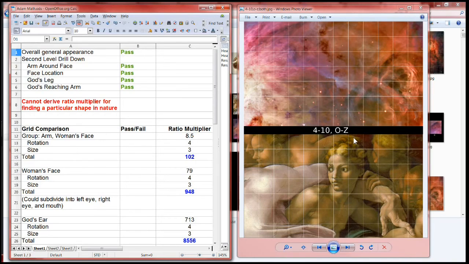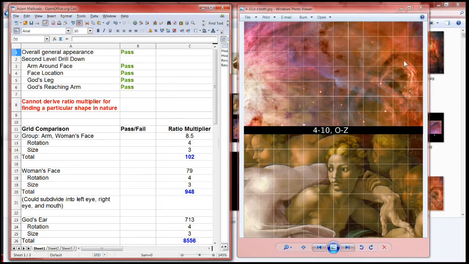Well, is the size relatively the same? Yes, it is, because we can see that the hand starts at the same location, but even more than that, we can see that the woman's face is also located in the same 9 grids. We can count 1, 2, 3, 4, 5, 6 is where her face begins.